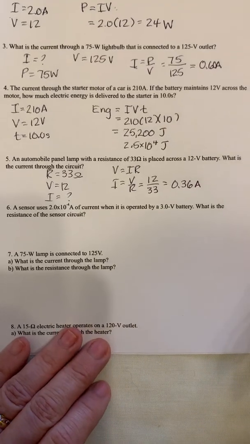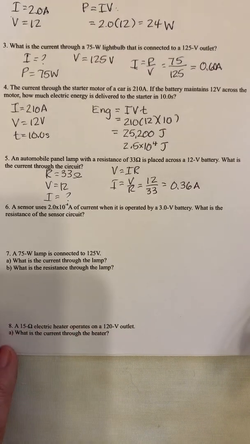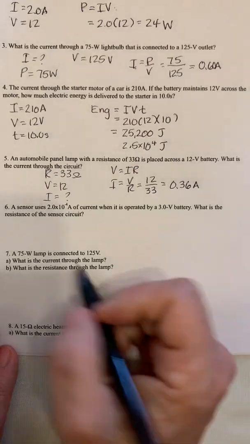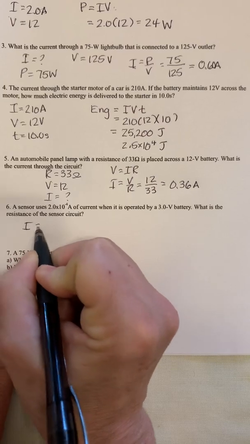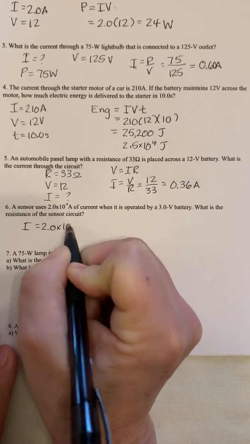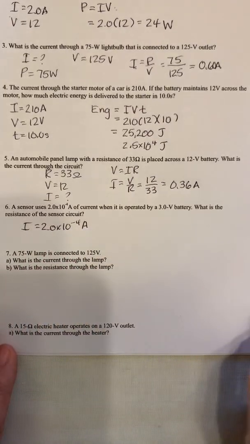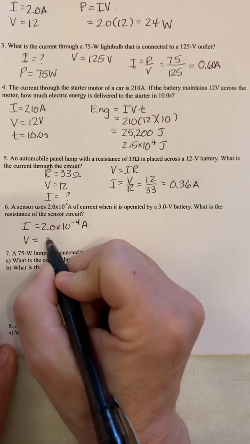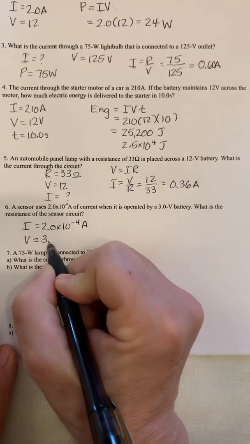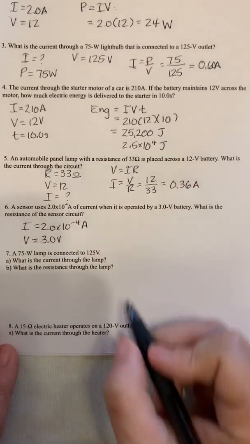Number 6. A sensor uses 2.0 times 10 to the negative 4th amperes. I is equal to 2 times 10 to the negative 4th amperes of current when it is operated by a 3-volt battery. That's my voltage or my potential difference. What is the resistance?